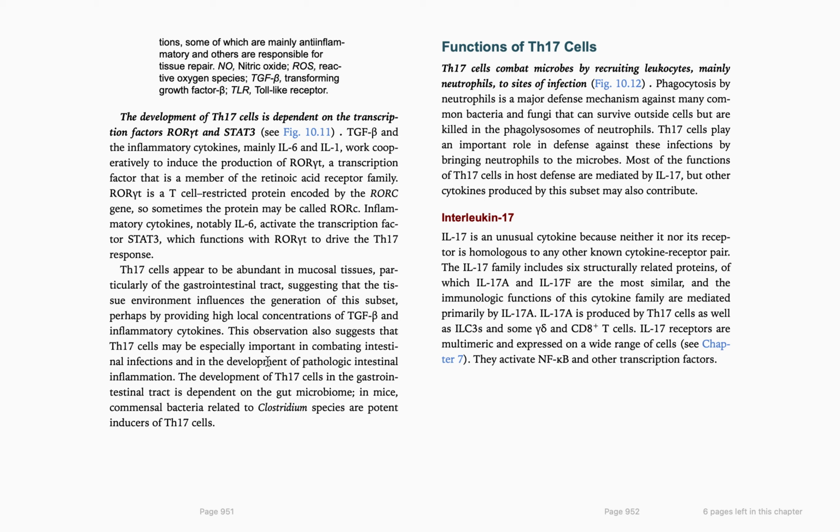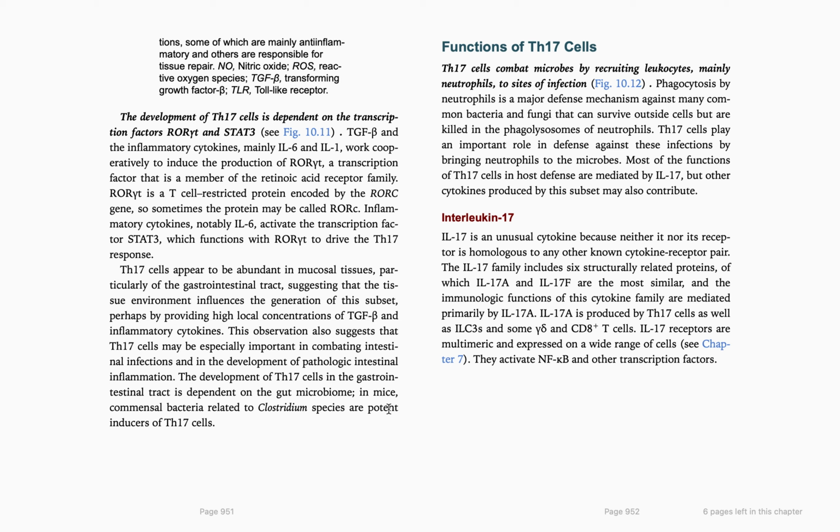This observation suggests that T helper 17 cells may be especially important in combating intestinal infection and in the development of pathological intestinal inflammation. The development of T helper 17 cells in the gastrointestinal tract is dependent on the gut microbes. In mice, commensal bacteria related to the Clostridium species are potent inducers of T helper 17 cells.